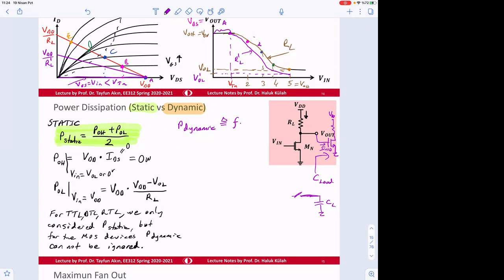It is related to the frequency of switching, CL, and VDD squared, the square of the supply voltage. So this is the power dissipation during switching of the gate.